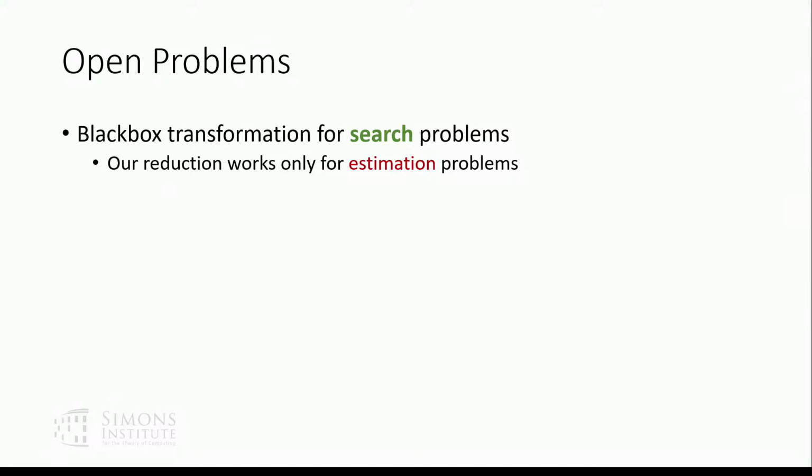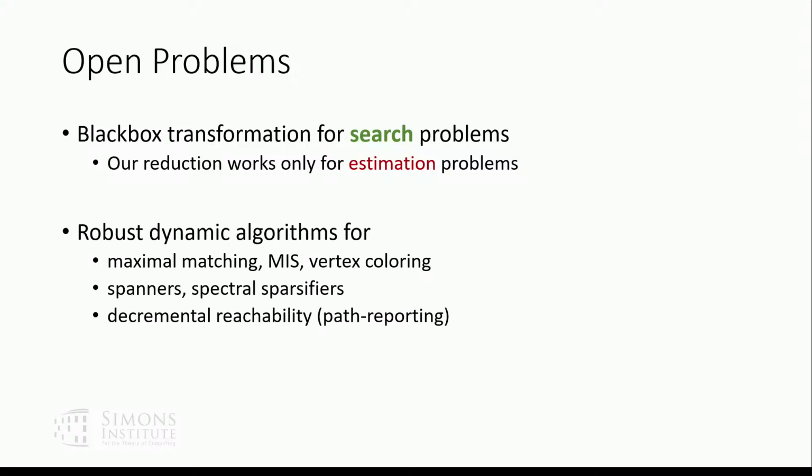So far, this transformation works for estimation problems. It would be cool to have some black box transformation for search problems, like maximal matching, maximal independent set, anything. This is some concrete problem that I would love to see a robust algorithm for. And if there are more conditional lower bounds about that, that would be cool. Thanks a lot.